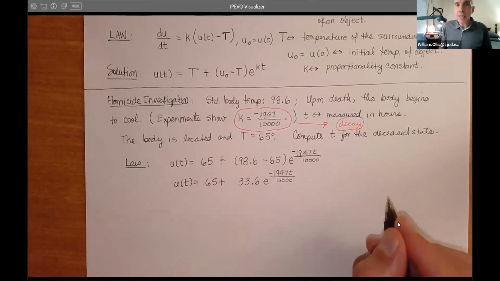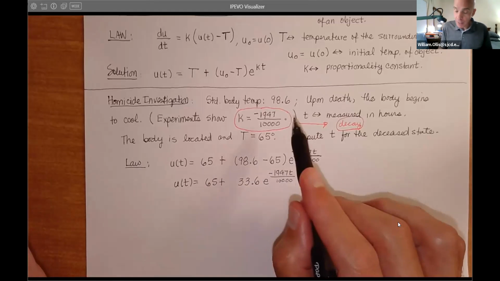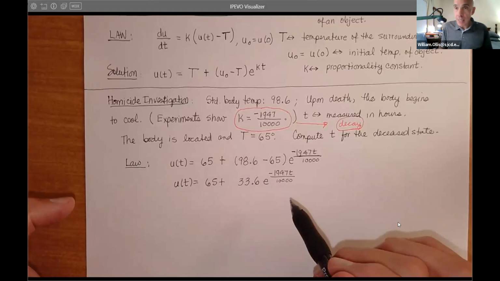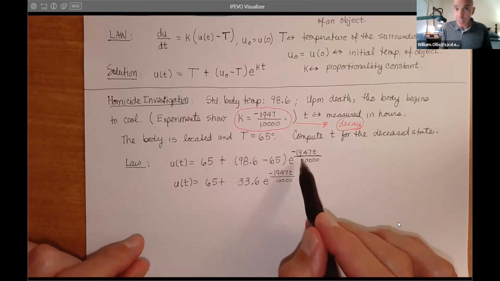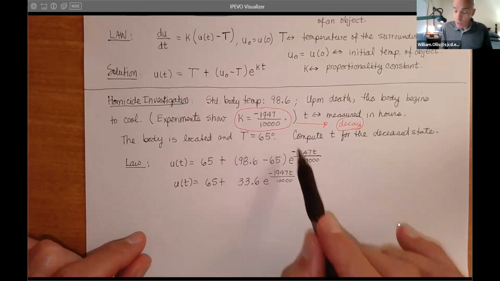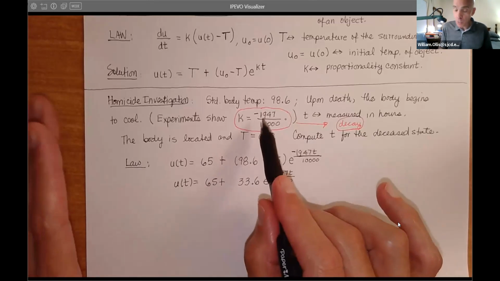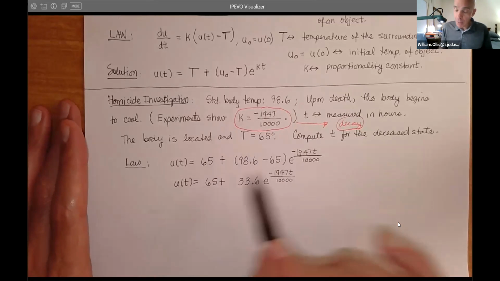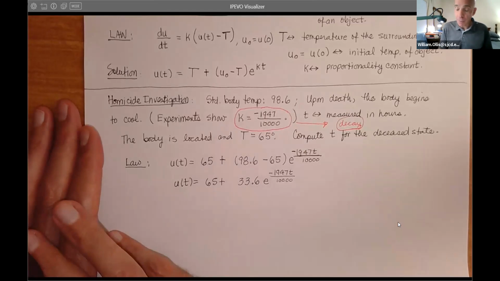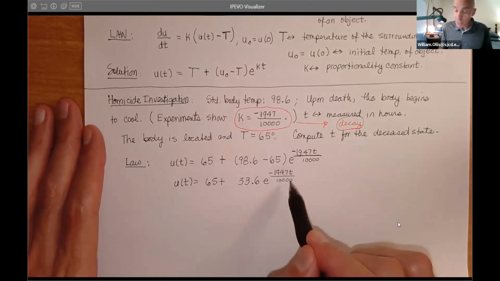So the key here is if a value of K is given, and you know that the body is actually cooling, so to speak, this term must decay. So somewhere you have to make the leap. If WebAssign doesn't give you the actual sign, that's just the way the problem is set up. And I think maybe they're trying to trick you. But you can follow what Professor Ron has done and have the right sign here.